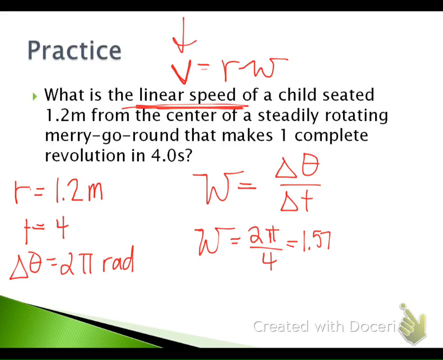And that's going to be in what units? Radians per second. Okay. From there, we're going to solve for our linear velocity. So at what speed would it fly off if it were to leave the path? Okay, we're going to take our radius, which is 1.2, times that 1.57. Okay? Because this is our radius, and we're taking it times our omega.